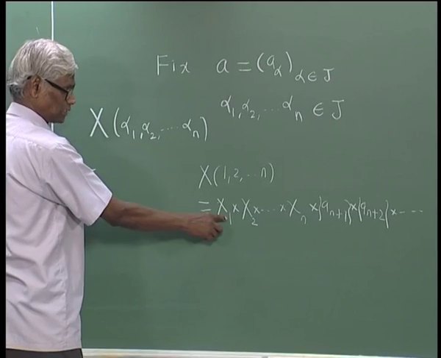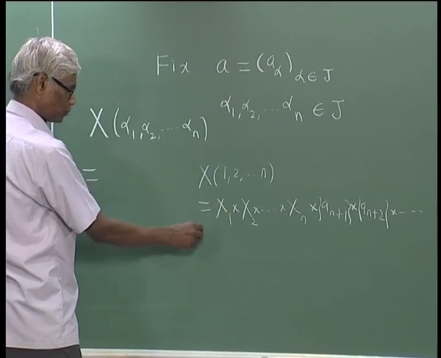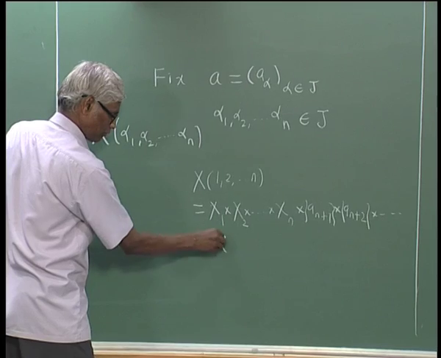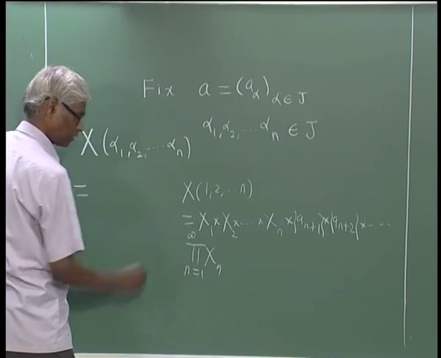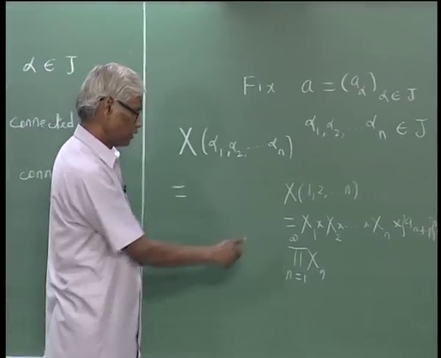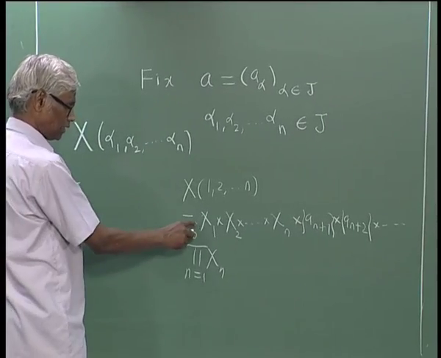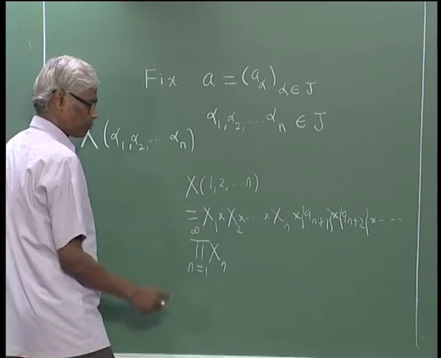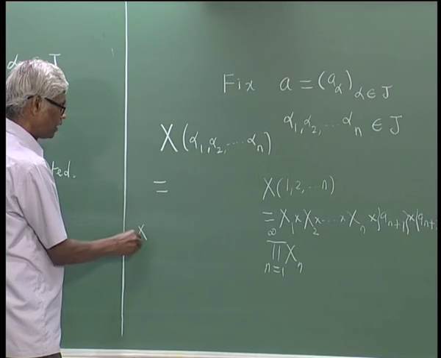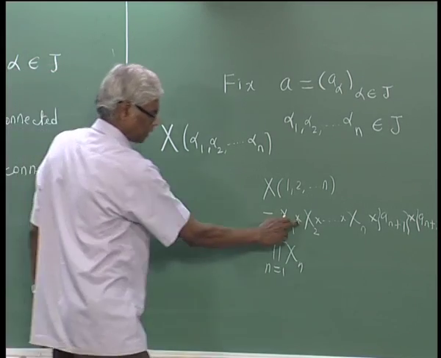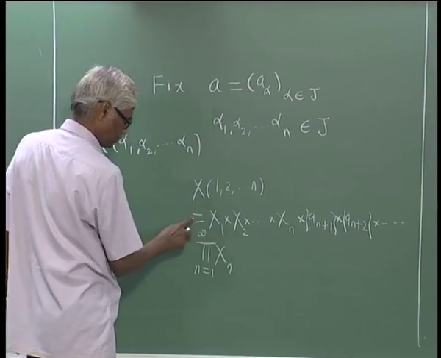Then consider this space as a subspace of the product of X_n, n from 1 to infinity, and we have seen that there is a continuous function from X_1 cross X_2 cross ... cross X_n onto this space.